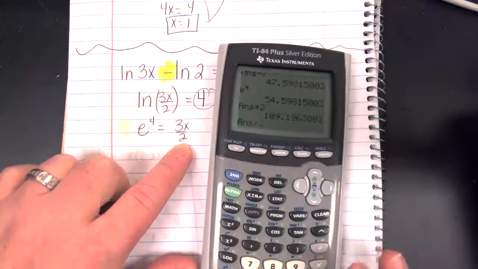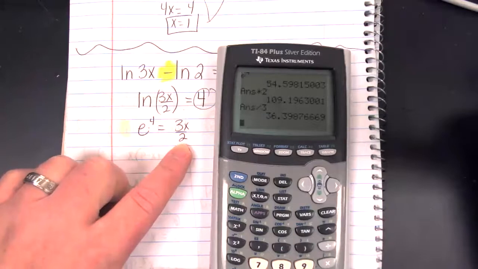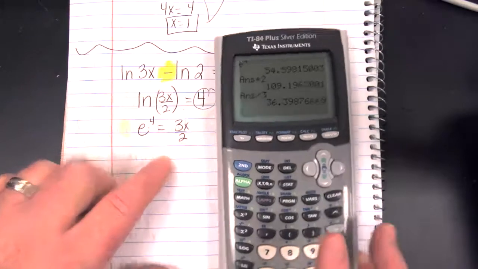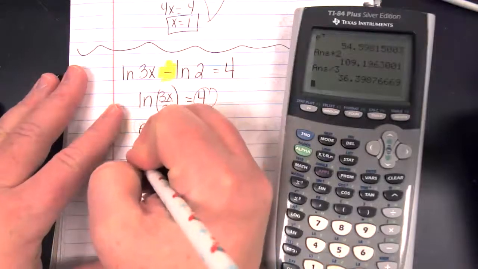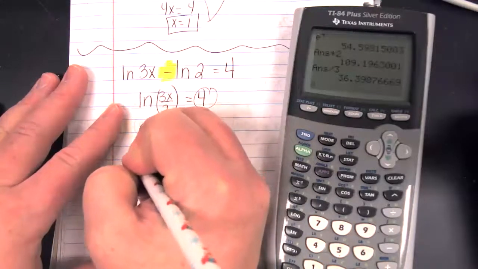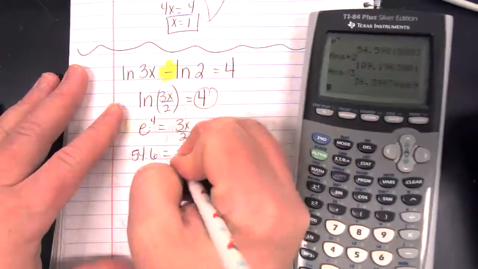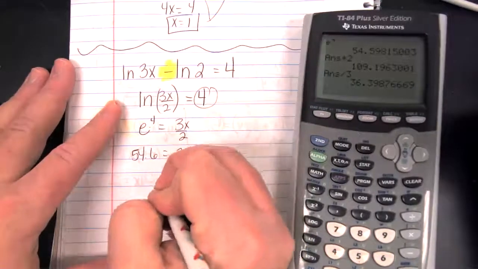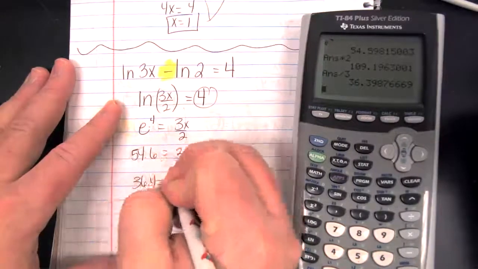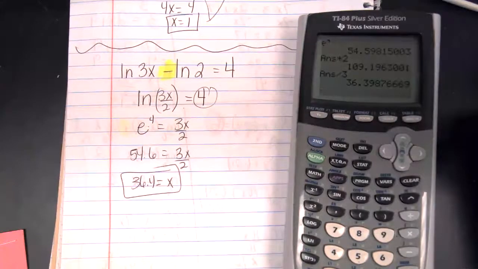And divide by 3. 36.4. So this was what? 54.6 equals 3 multiplied by 2, and I end up with 36.4. And that's okay. So see, it's really not that bad.